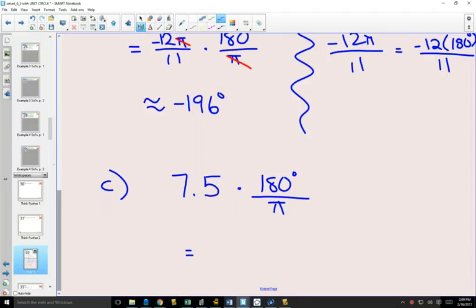And we will get 7.5 times 180 divided by pi, 430 degrees rounded to the nearest degree. Oh, it said rounded to the nearest tenth of the degree, so it's 429.7 degrees.